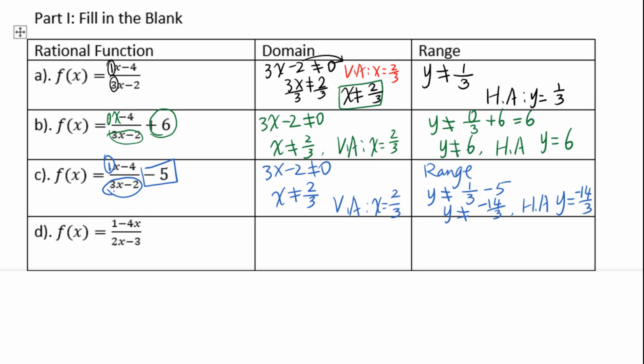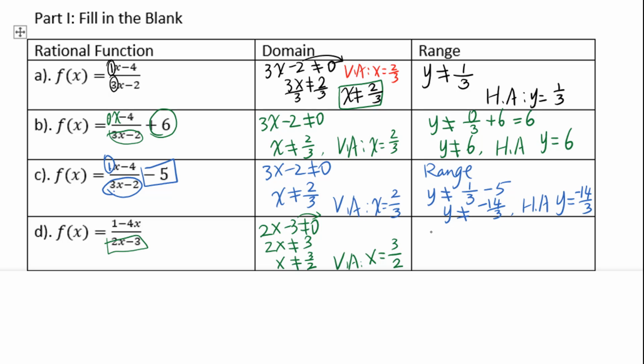For D, the denominator, we set up not equal to 0. Cross the river, change the sign. 2x not equal to 3, divided by 2. x not equal to 3 over 2. The vertical asymptote line will be x equals 3 over 2.